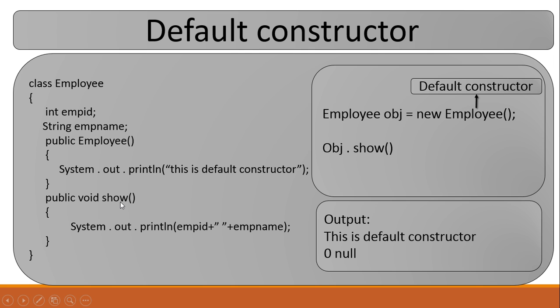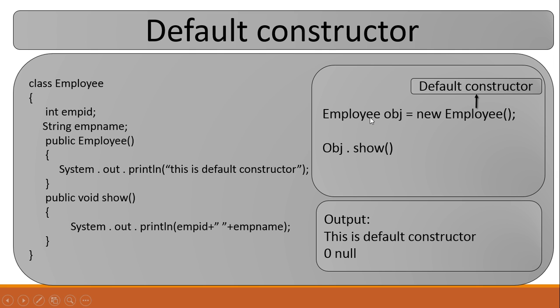And I don't pass a return type to the constructor, which means the constructor doesn't have any return type, and I am using directly two things, access modifier and constructor name. Here, this is the show method, and the method has public access modifier, return type and method name, but a constructor has access modifier, no return type and constructor name. With the help of the show method we will print the emp id and emp name.